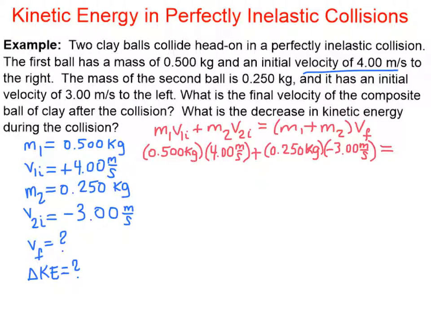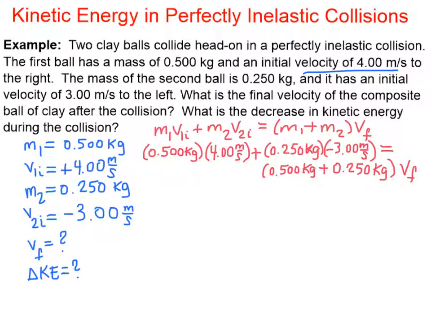So I have my mass 1 times initial velocity 1 plus mass 2 times my initial velocity 2. Of course, it's negative. And I'm going to write this on 2 lines. Sorry about that. Kind of ran out of room. And I add the masses together, and after I add them together, multiply it by the final velocity.